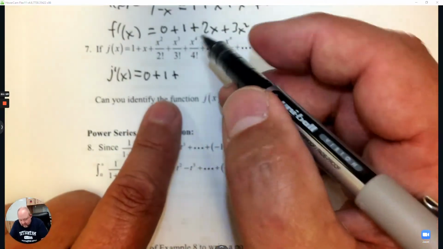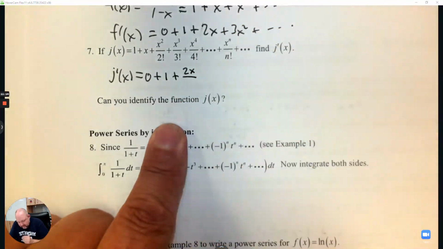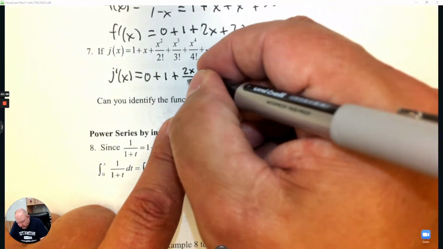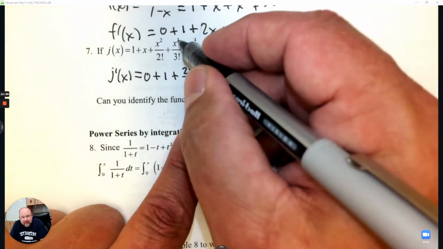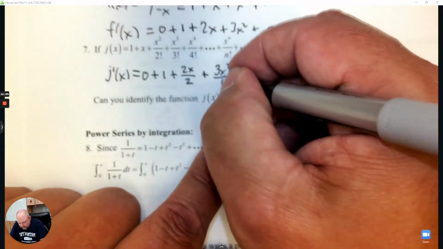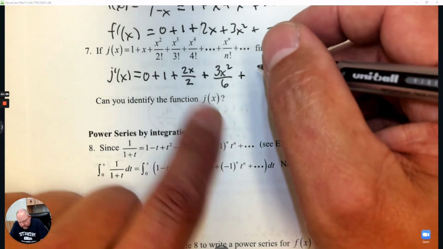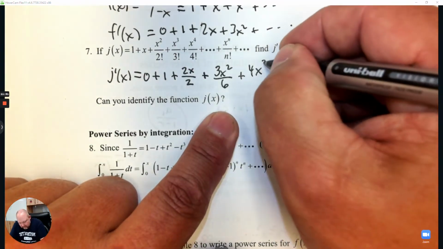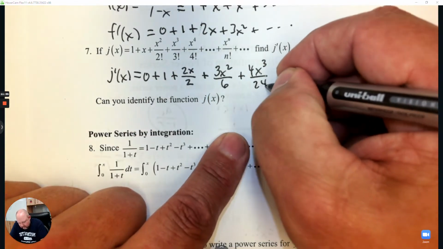The derivative of x squared is 2x, and the 2 factorial is just 2 on the bottom. The derivative of x cubed is 3x squared, and 3 factorial is 6. The derivative is 4x cubed, and 4 factorial is 24.